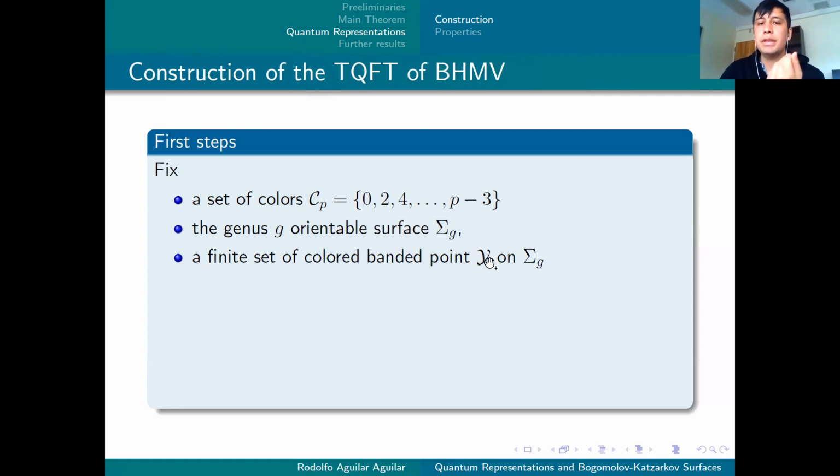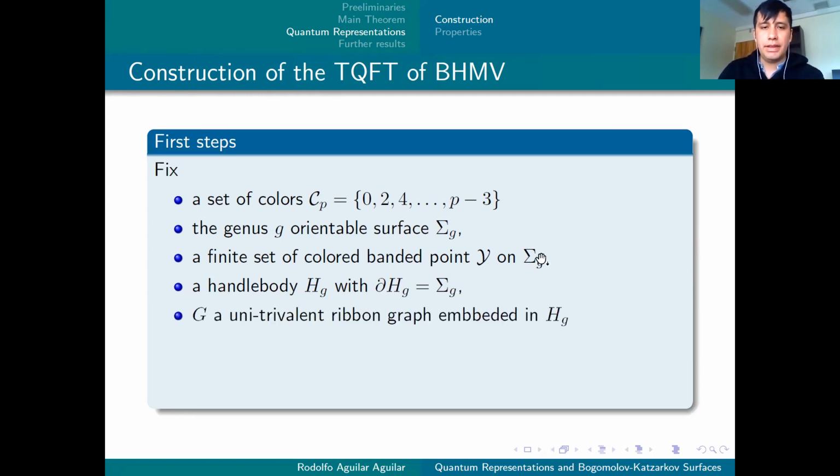So we will take some points in the surface, and we put to each point a color, a number here. I will also fix a handlebody. This is a 3-manifold such that it retracts to a graph that I will let you know in a second, and such that the boundary is this surface that I fixed. Inside the handlebody, we will consider a trivalent graph.